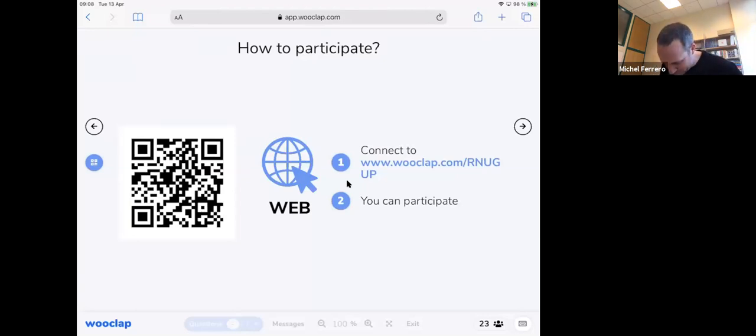I see some of you already managed. Otherwise, if the scanning of the QR code doesn't work, you can also just open a browser and connect to the website that is written there, with this identifier there. So I'll let you give it a try. I'll try it too, just to make sure it works.